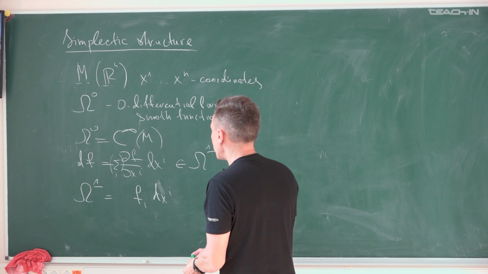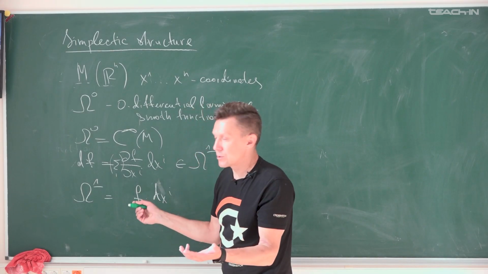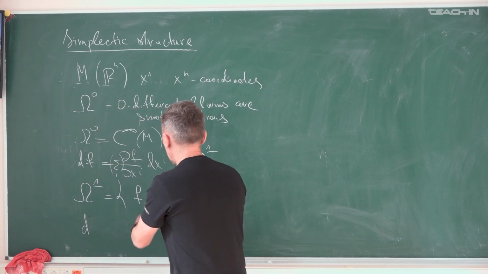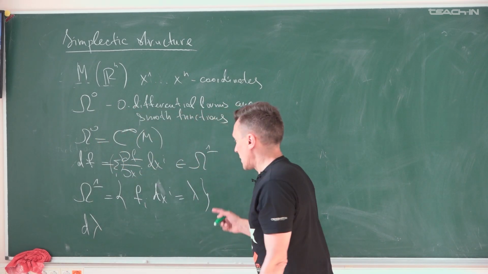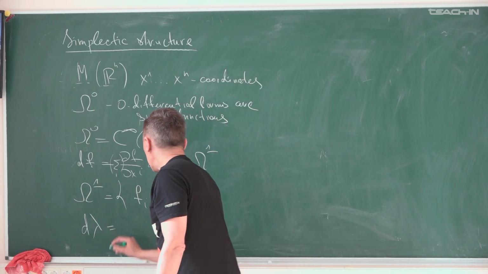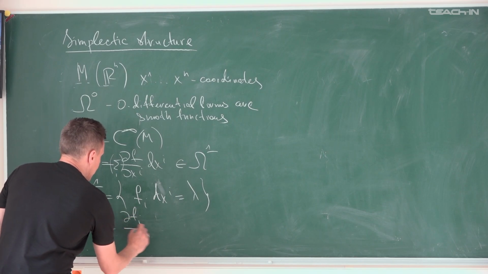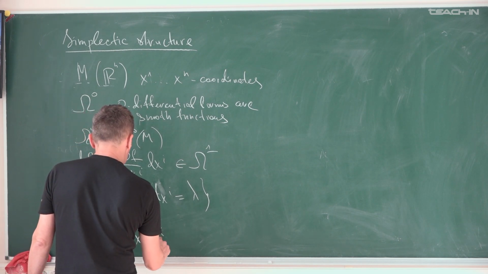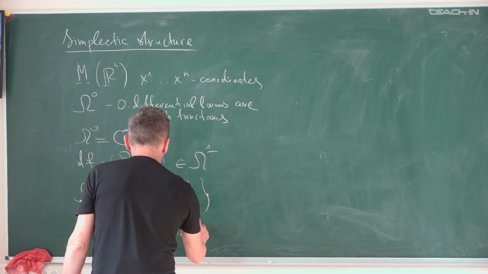So it's an element of the space of one-forms, and there is also a differential defined on one-forms which produces a two-form. I will call this object lambda. The space of such objects is the space of one-forms, and the differential is the following: the sum of ∂f_i/∂x^j dx^j ∧ dx^i.